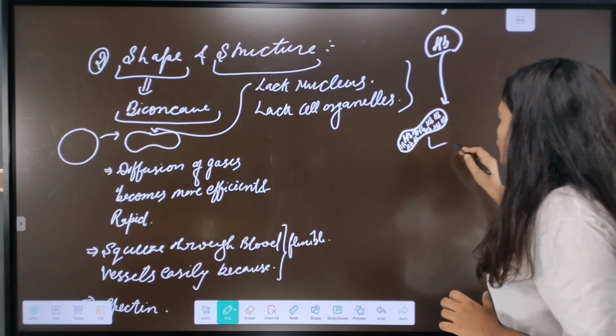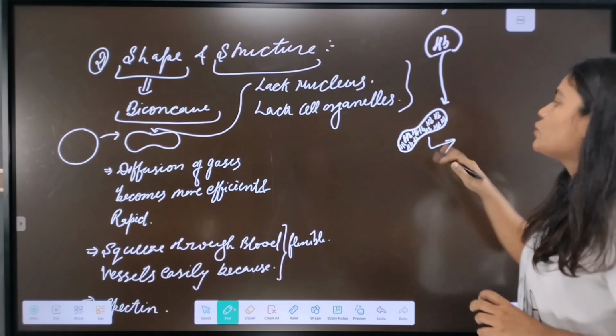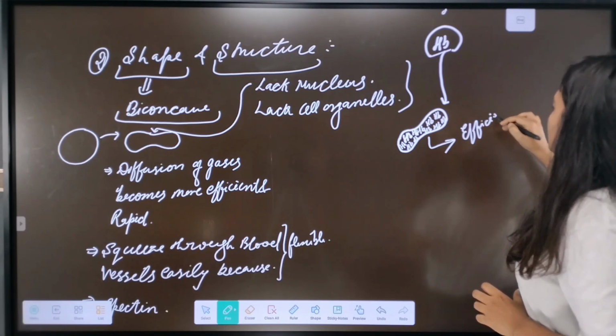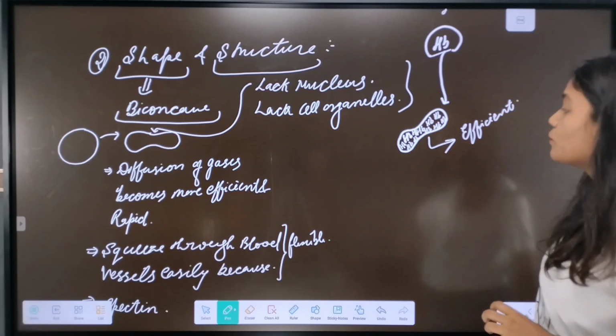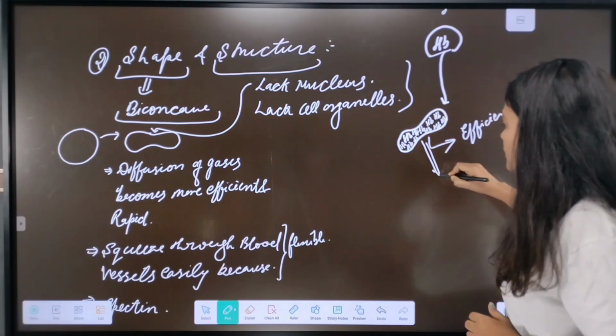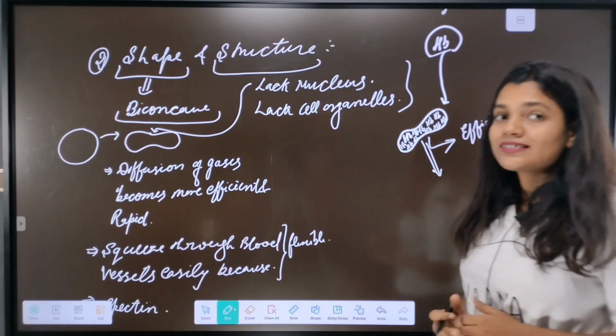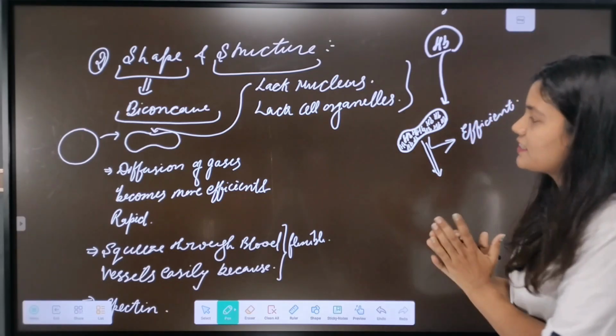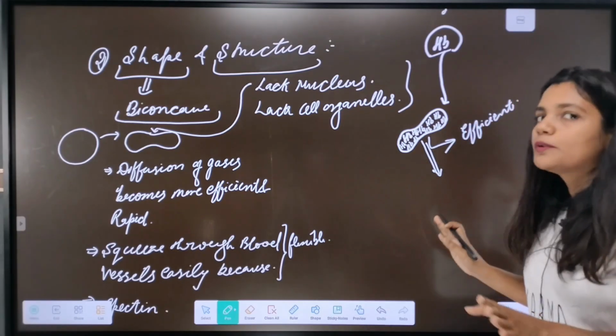So from a work perspective, this is going to be more efficient and effective. If we talk about the number of hemoglobin molecules inside a single cell, as there is nothing else inside it, they are going to be many.